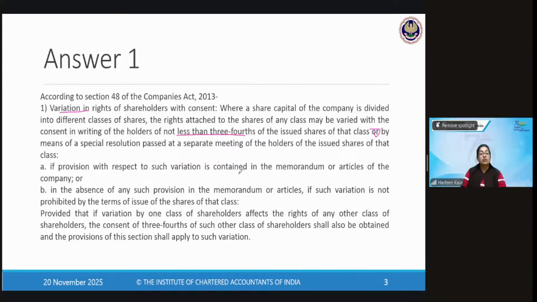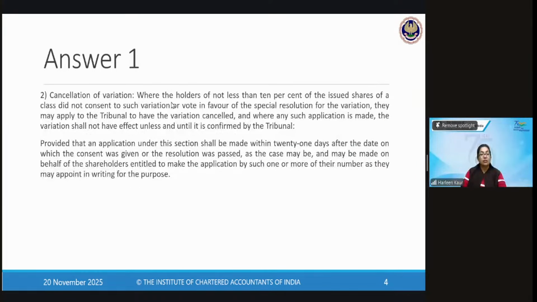If this variation is allowed in the memorandum, then only you can do it. If it is not there in the memorandum, or such variation is not prohibited, then only you can do it. And if it is affecting the other class of shareholders, then 3/4 of the consent of the other shareholders is also necessary. That's it. And then cancellation of variation also you'll mention, where the holders of not less than 10% of the shareholders are dissenting shareholders.